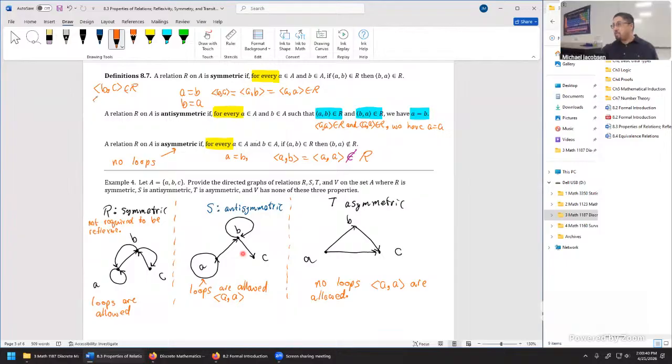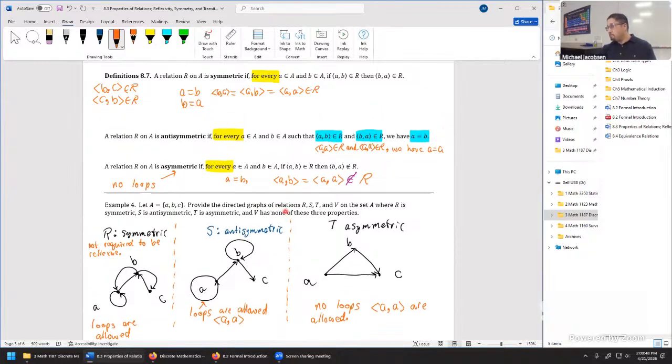But then if we say C goes to B is in R, that would be backtracking that way. But for anti-symmetry, it's saying the requirement is if that ever happens, B would have to be equal to C in the very first place. So in this diagram, that's impossible because B and C were meant to be discrete elements. These are specifically non-equal values.